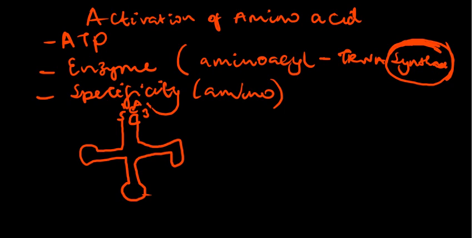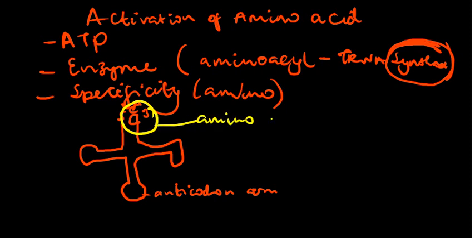This is the anticodon arm. Here at the 3' end is where the amino acid will get attached. It will attach at the CCA side at the 3' end.